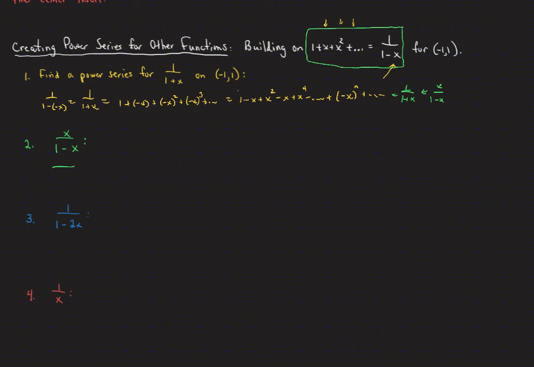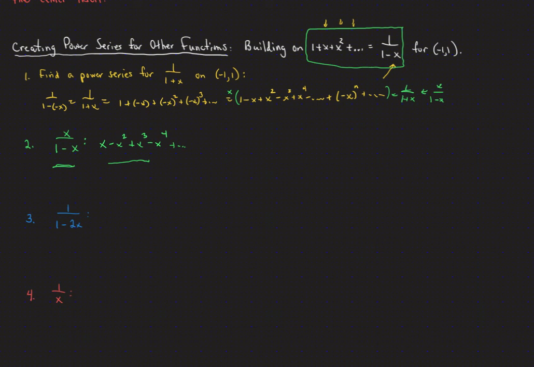So if we take what we've used as our series for 1 over 1 plus x and multiply through by x, it becomes x minus x squared plus x cubed minus x to the fourth, and on and on and on. I think I left off the x cubed on that one somehow. Okay, so there we've created a new infinite power series for a new function, x over 1 plus x.